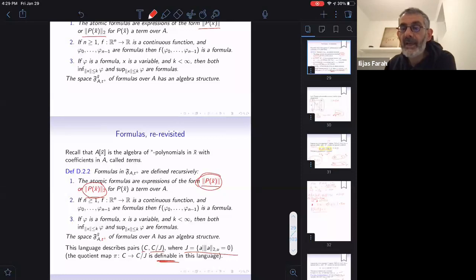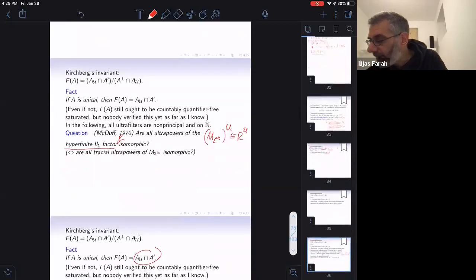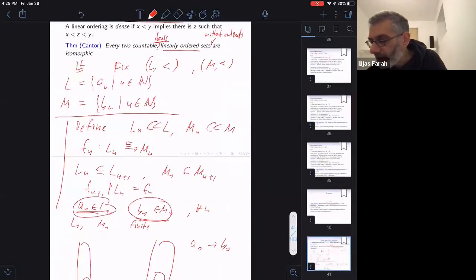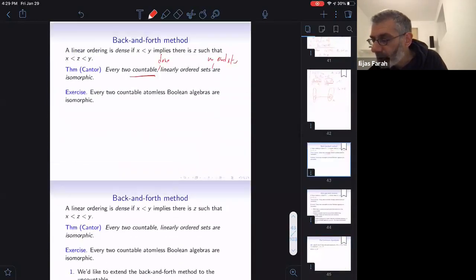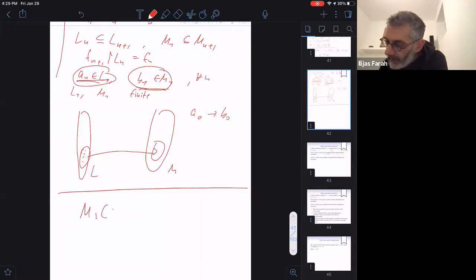Right? You have a trace. If your algebra, let me just go back so that I can write here somewhere. Right here. So if your algebra is of the form M_2(C) direct sum with whatever, take O_2.